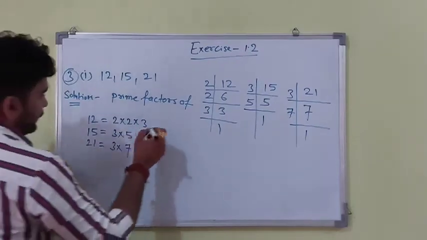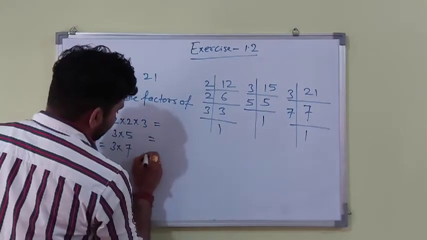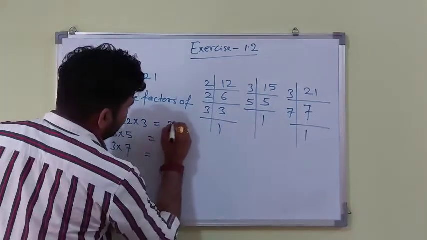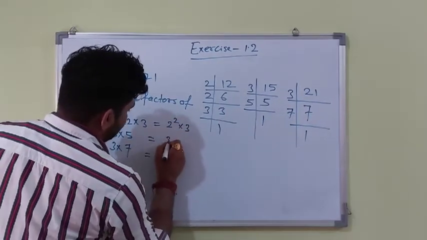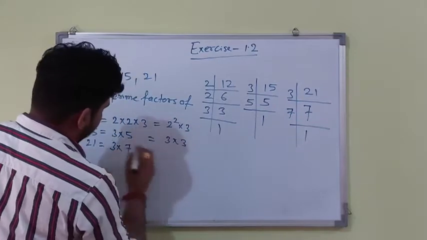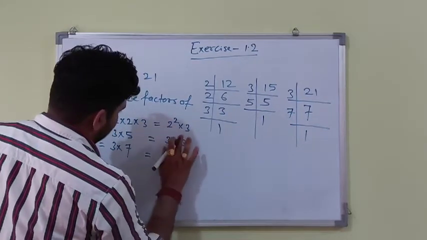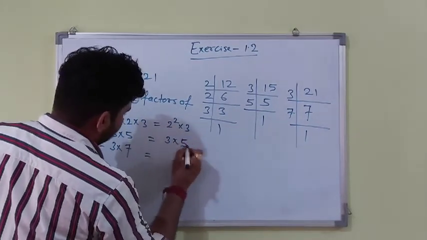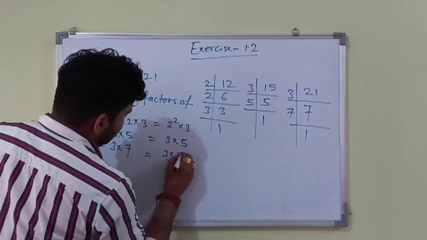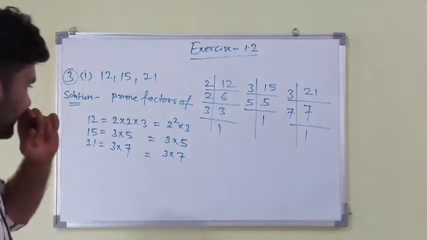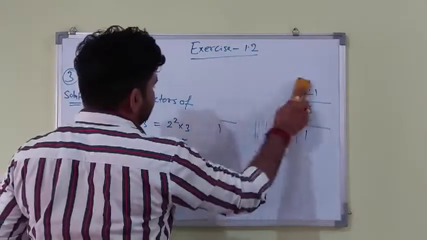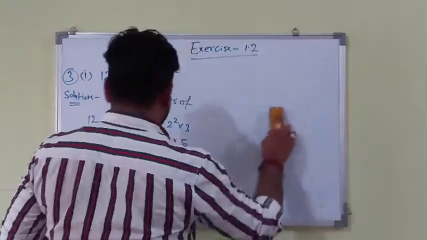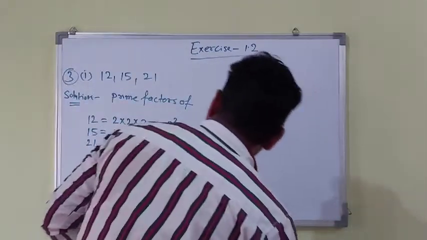Okay, and write it more properly: 2 to the power 2 multiplied by 3, 3 into 5, 3 into 7. Okay, this is more appropriate. Let's erase it and find the LCM.